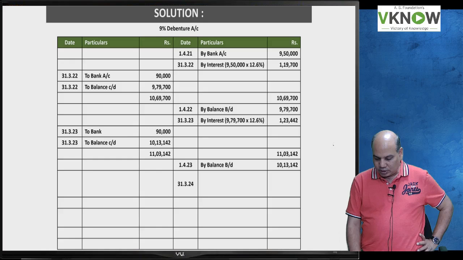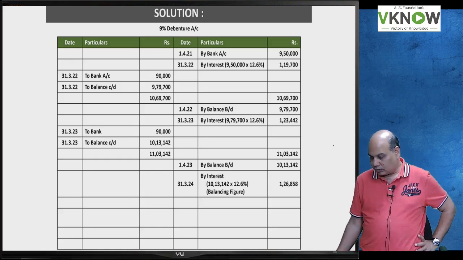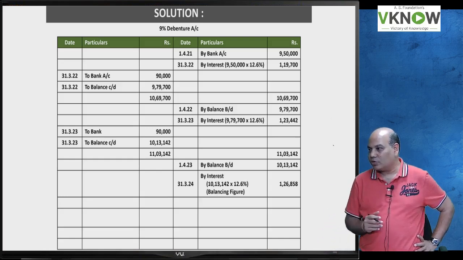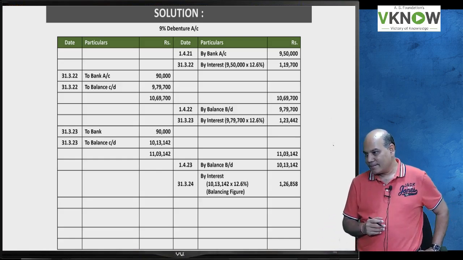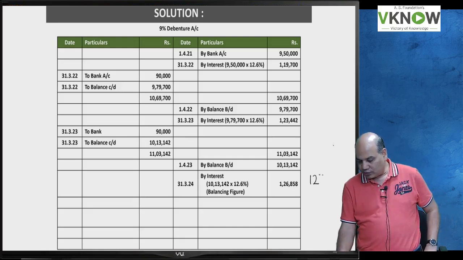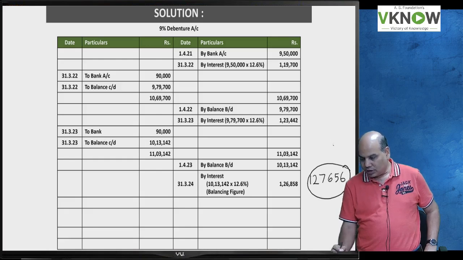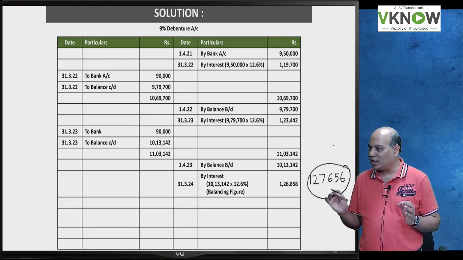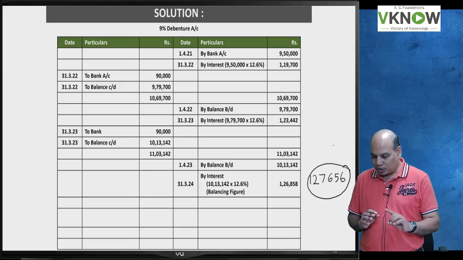1,423. What is your interest? Wait. Don't write, just tell me. Interest, how much did you get? 127,656. Student is saying 127,656. Wait. Last year I have to pay 10,50,000 plus I think interest also 90.